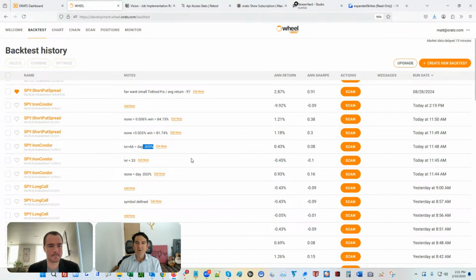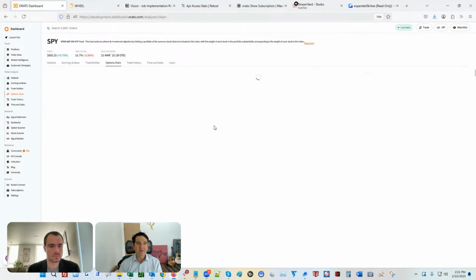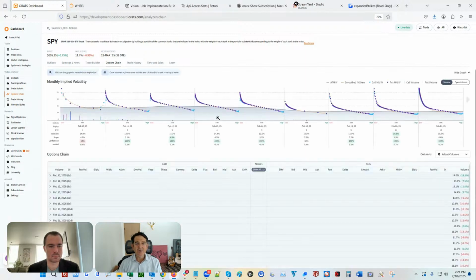Yeah. So now let's talk about slope. Okay, so this is a slope percentile. We know it's high. We looked at the option chain. We know it's steep. So the question becomes, what should we do? If this were to flatten out a little bit, meaning, if this were to come down and this side were to go up, what is a strategy that you could look at?